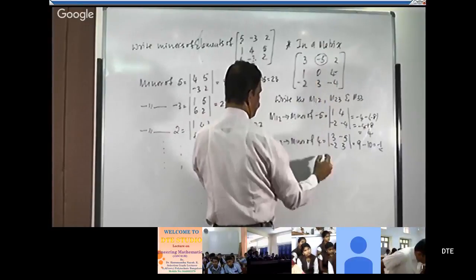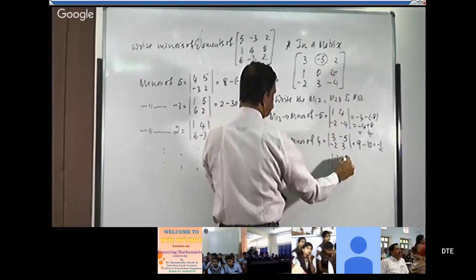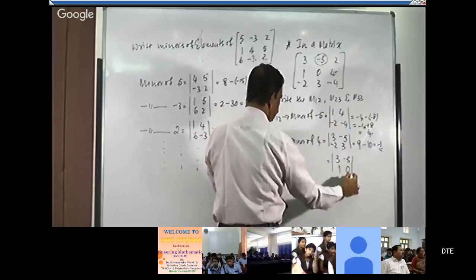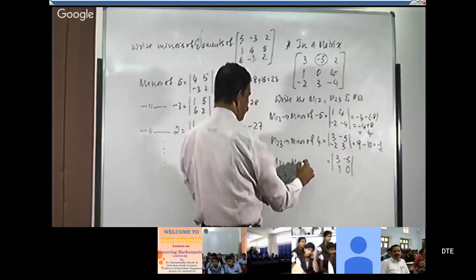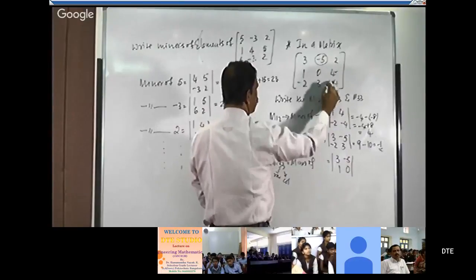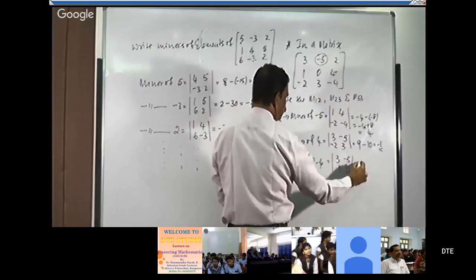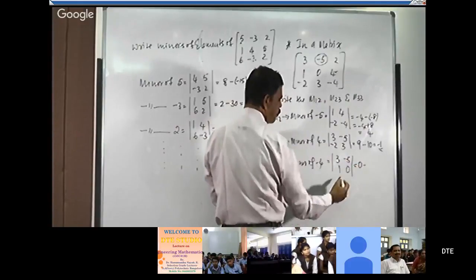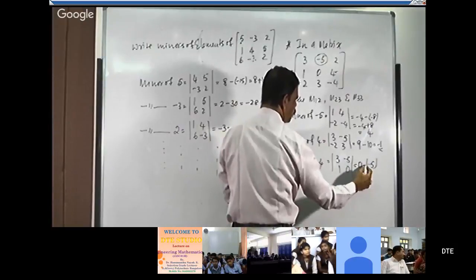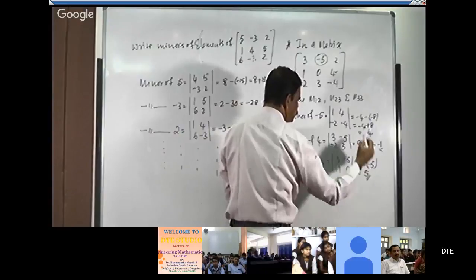Determinant of 3, minus 5, 1, 0. Expand it. 0 into 3 is 0. Minus, minus 5 into 1 is minus 5. That is minus of minus 5, which is plus 5. 0 plus 5 is 5 only.